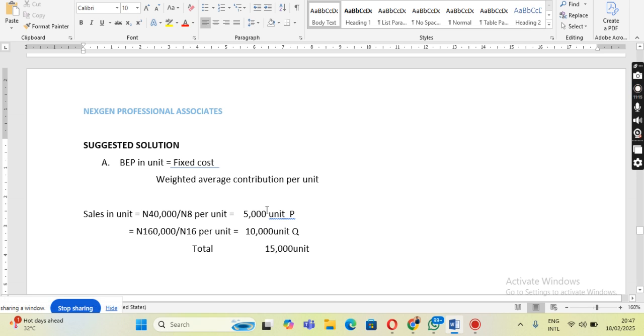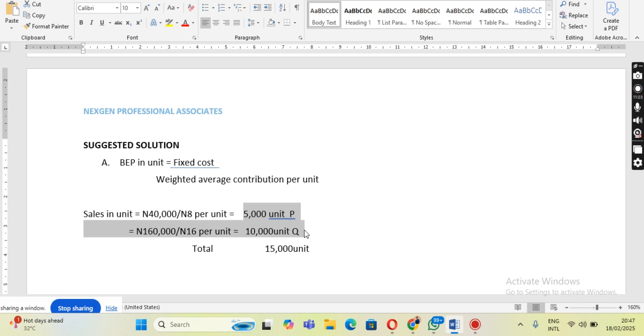Mix means that if this is the total, 15,000 units, how many percent will P have in this total? It is 5,000 divided by 15,000 units. That gives you the percentage of P in the total of 15,000.